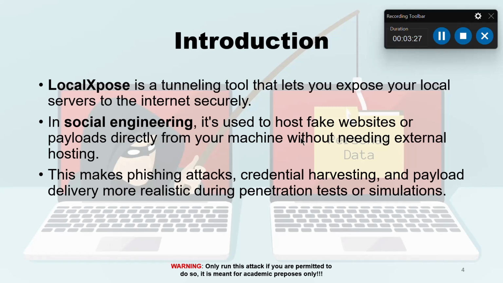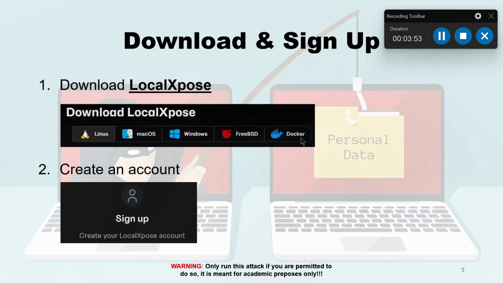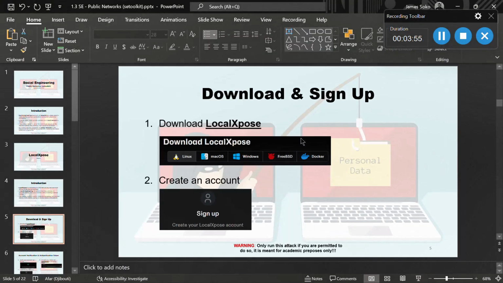We now want to also access public networks. In social engineering, it's used to host fake websites or payloads directly from your machine without needing external hosting, which is cool. This makes phishing attacks, credential harvesting, and payload delivery more realistic during penetration tests or simulations.